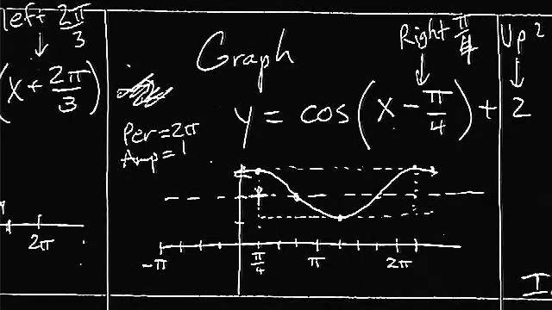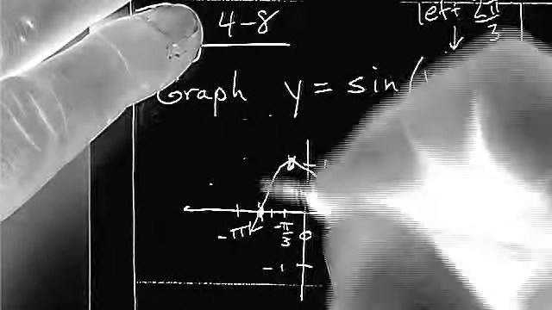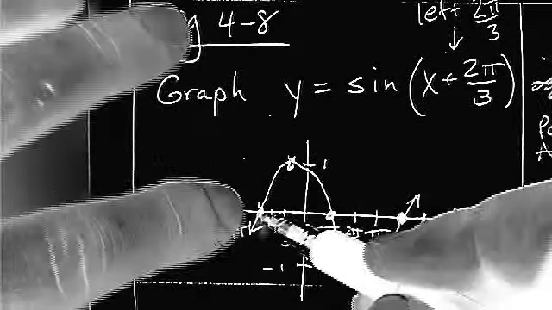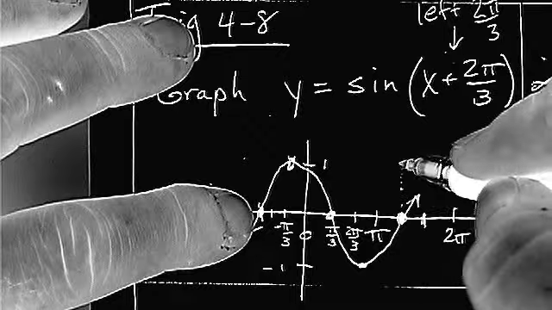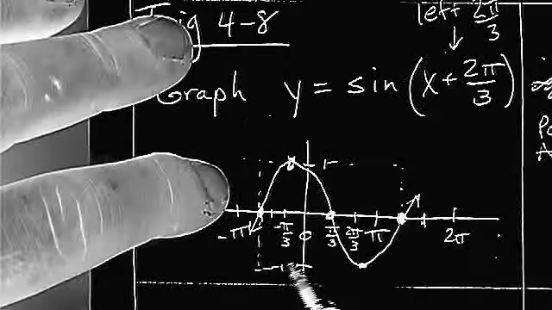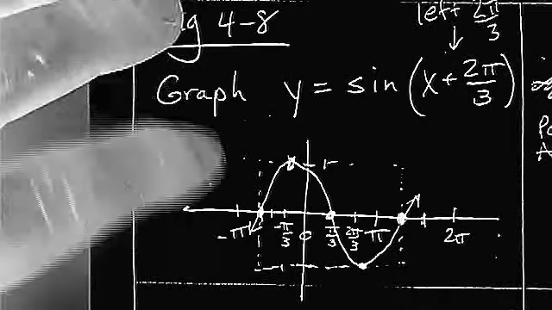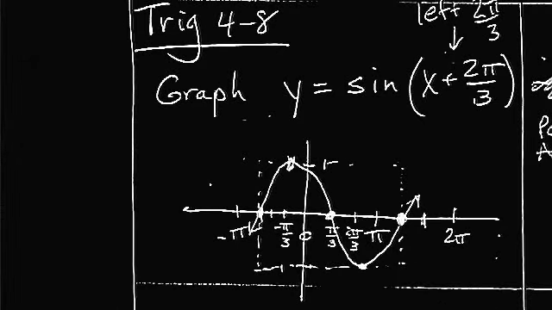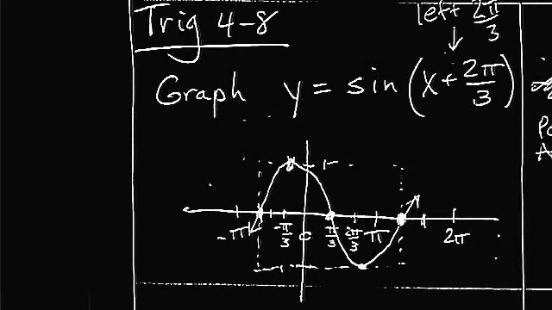Now, is that box critical and important? Not necessarily, but it may really go a long way as to helping you understand. So if you're doing a problem like this and you want to say, okay, I know it's going to start here, 2 pi units later, and it goes up to 1, and it goes down to -1. Well, there's your box. And you can draw one of the graphs or one of the cycles inside that box.